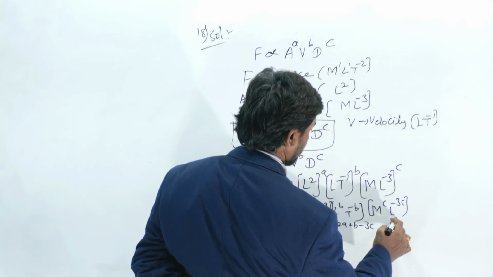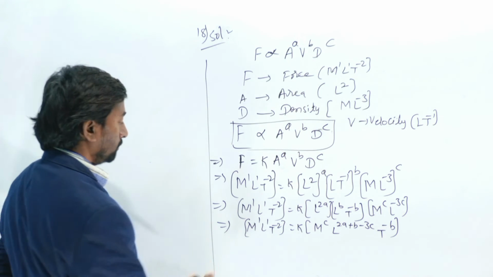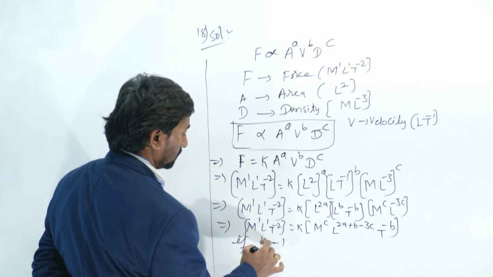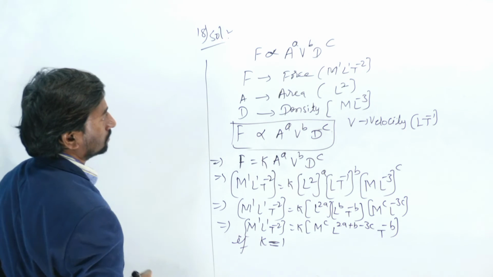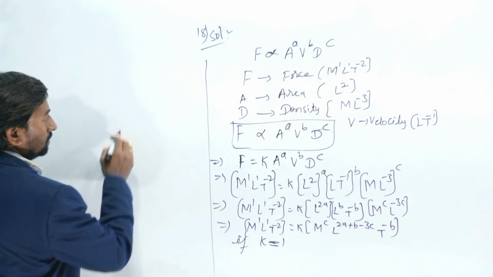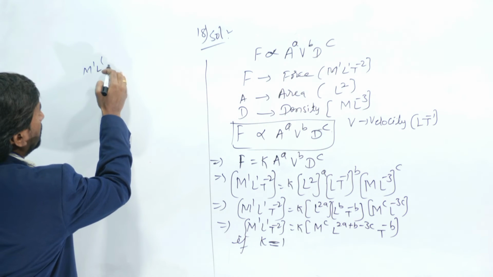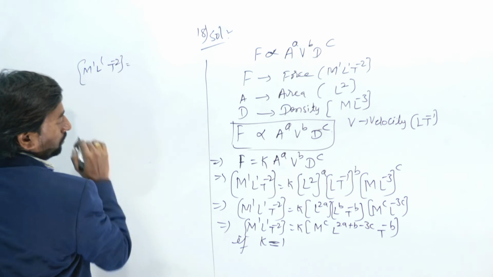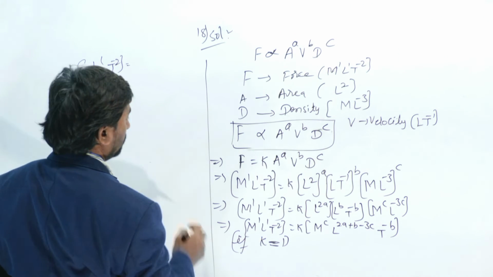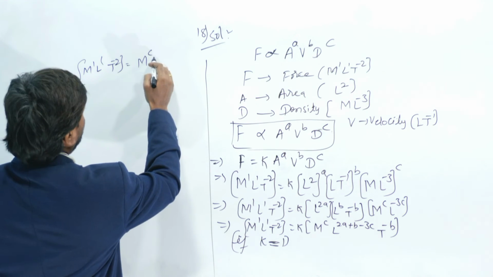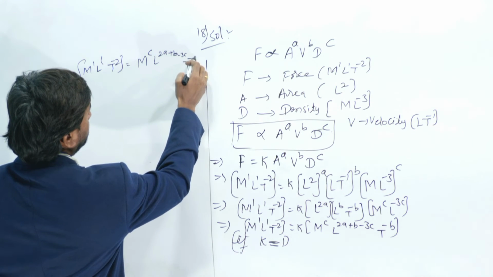Now if k is equal to 1 and we substitute it in that equation, M power 1, L power 1, T power minus 2 will be equal to M power c, L power 2a plus b minus 3c, and T power minus b.